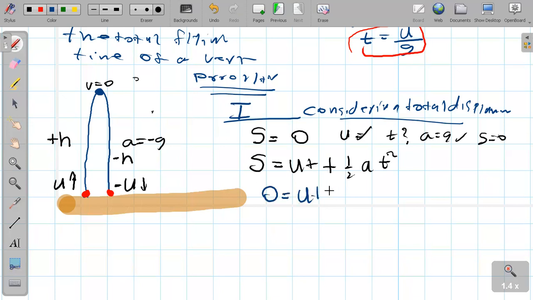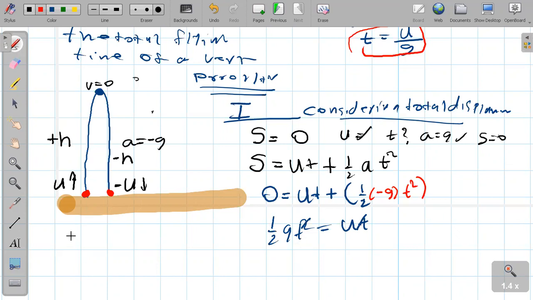0 equals ut plus half times minus g times t squared, and t is going to cancel off.